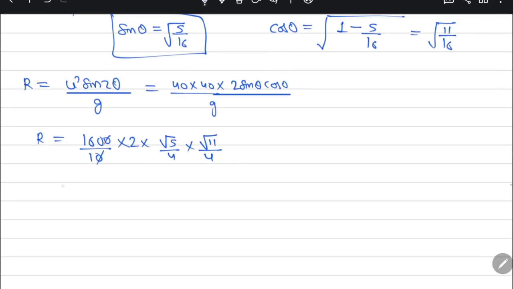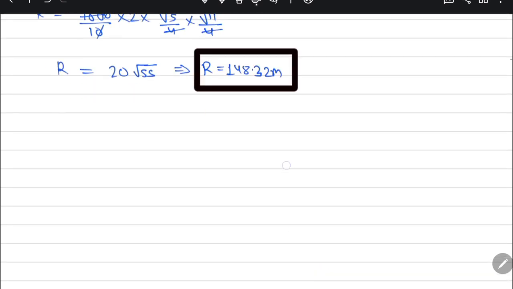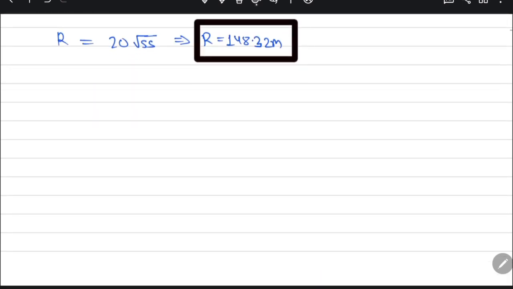Here 0 and 0 cancel, and if you divide this, it comes out to be 40. If you divide this again it comes out to be 10, 20 root 55. If you find the root of 55 and multiply by 20, the range comes out to be 148.32 meter, right? I proceed to the next question, right?